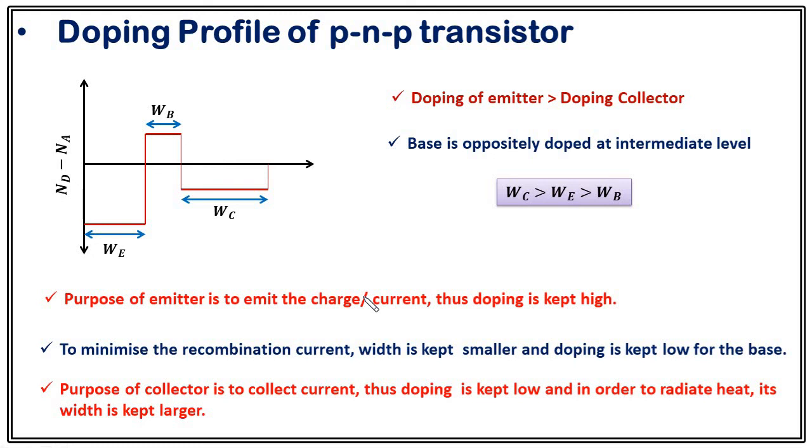Similarly, for the PNP transistor, we need to create a concentration gradient, otherwise we won't have transistor action. In a PNP transistor, the hole will diffuse through the base and be collected in the collector. To maintain the concentration gradient, we have to keep the doping low. Another thing, as current is collected by the collector, it will heat up. So in order to radiate the heat, the width is kept larger. We have to keep this in mind while manufacturing the transistor.